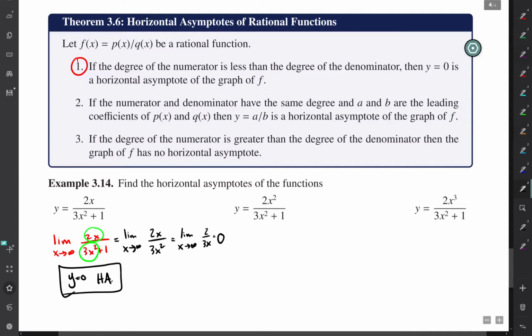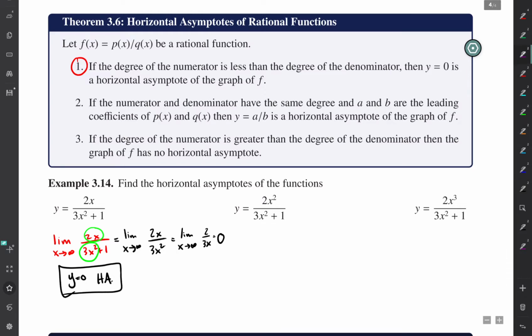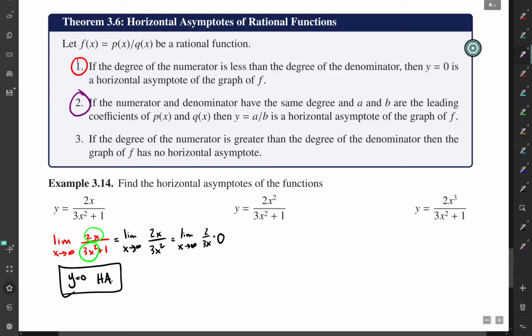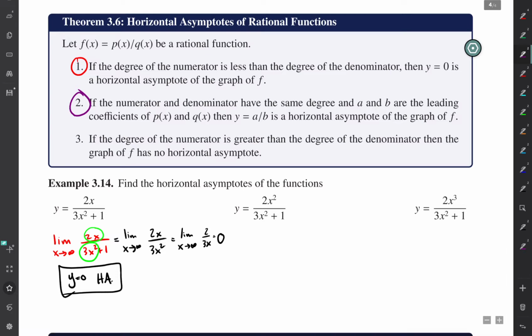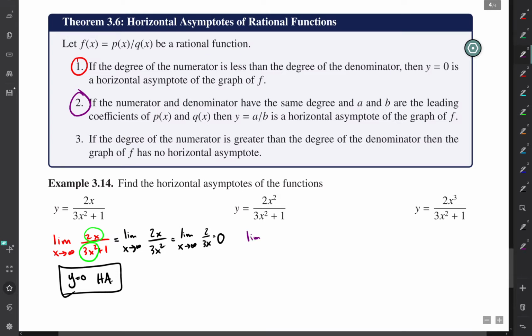So that's case 1. Case 2 is if the numerator and the denominator have the same degree, like in this example right here. If you want to take the limit as x goes to infinity of 2x squared over 3x squared plus 1, then the leading terms are going to take over again.